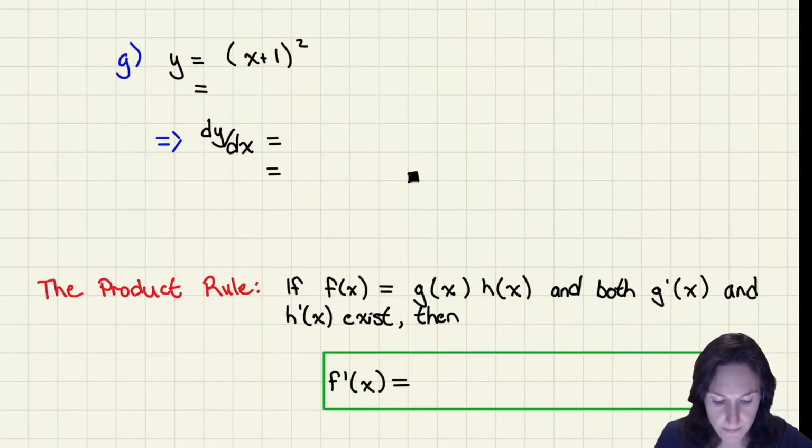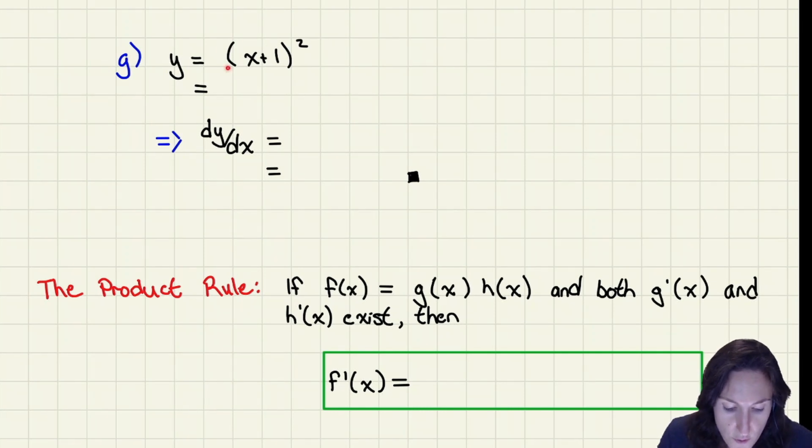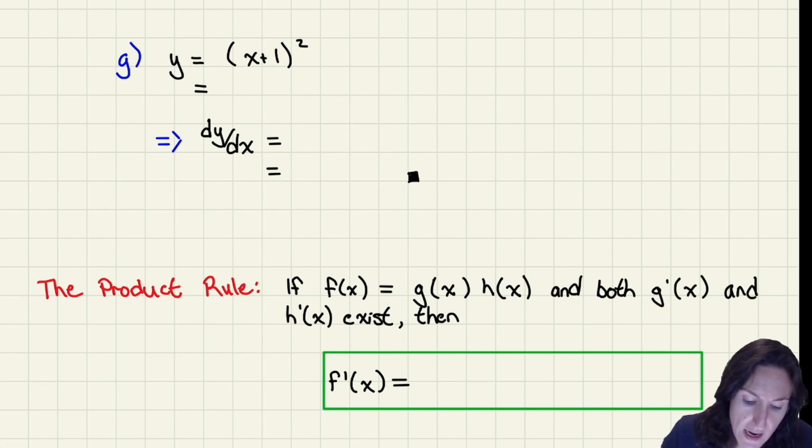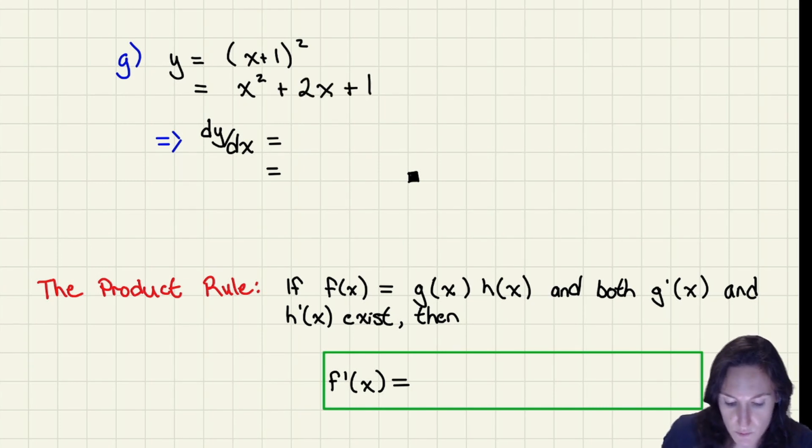Now this one. This is not in a form where we can directly take the power rule. If you know chain rule, we could do chain rule, but let's say we can only use the power rule. We would have to expand this by FOIL. So x plus 1 times x plus 1 is equivalent to x squared plus x, so plus 2x plus 1 times 1.